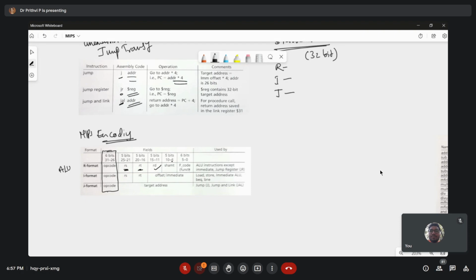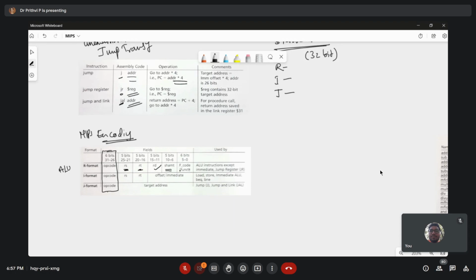And this is the shift amount. How much shifting is to be done in a shift instruction will be mentioned in this field, bits 6 to 10.